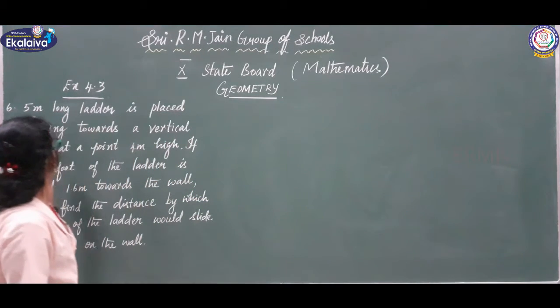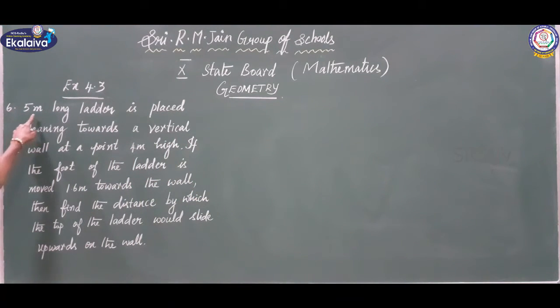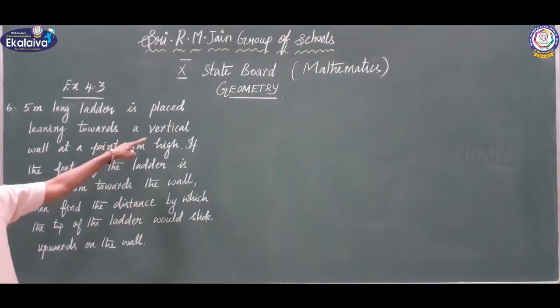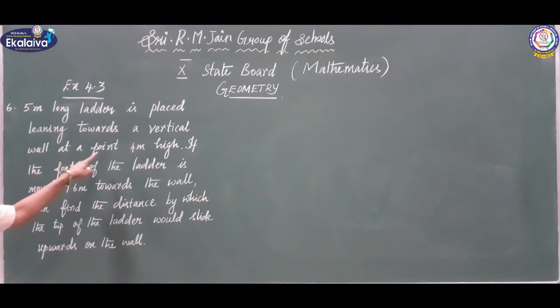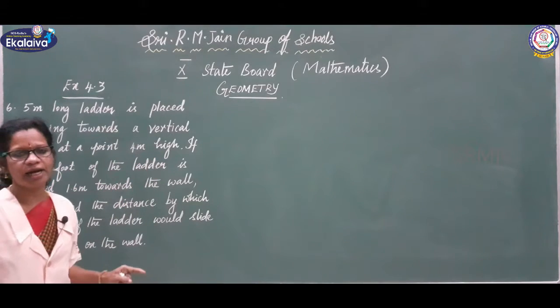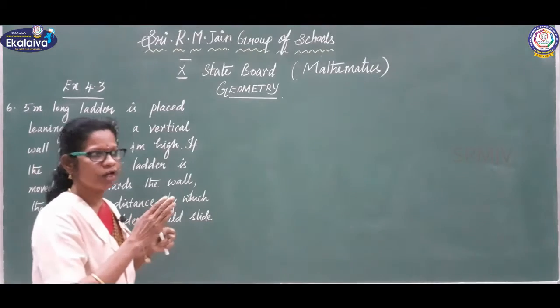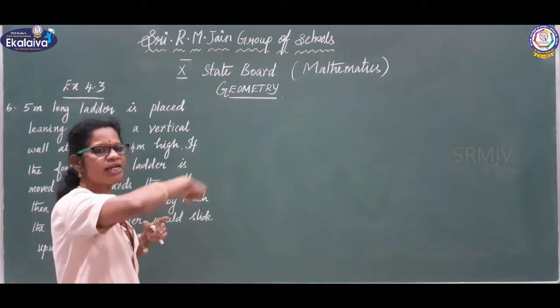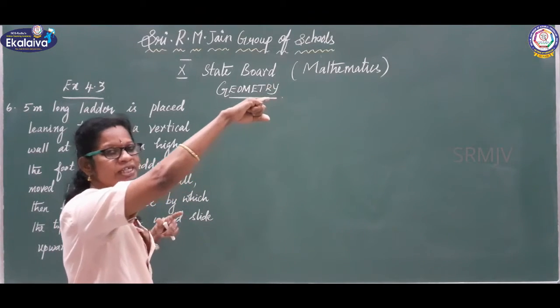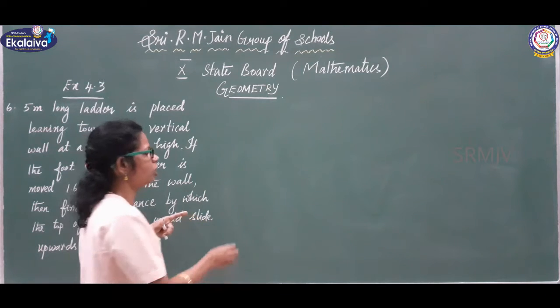Next, question number 6. A 5-meter long ladder is placed leaning towards a vertical wall at a point 4 meter high. You should imagine when you place the ladder, lean on the wall means it will act as a hypotenuse, right?